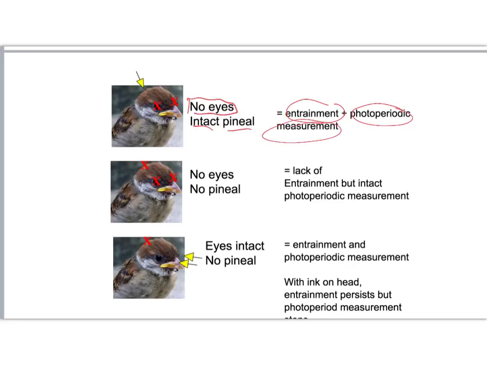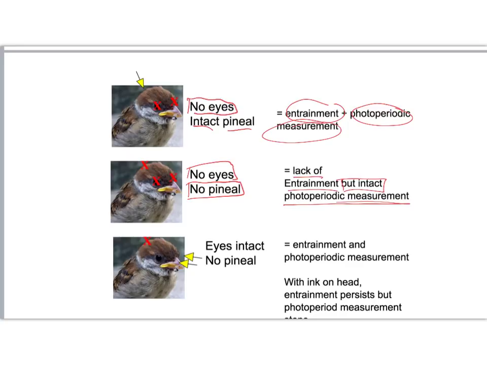So if you look at the reproductive axis of these sparrows, they will respond normally to photoperiod changes. If you remove the eyes and the pineal, both of them, then the animals cannot entrain, but they still remain intact in terms of their photoperiodic measurements. So somehow they can still tell the length of the photoperiod and the difference between summer and winter.